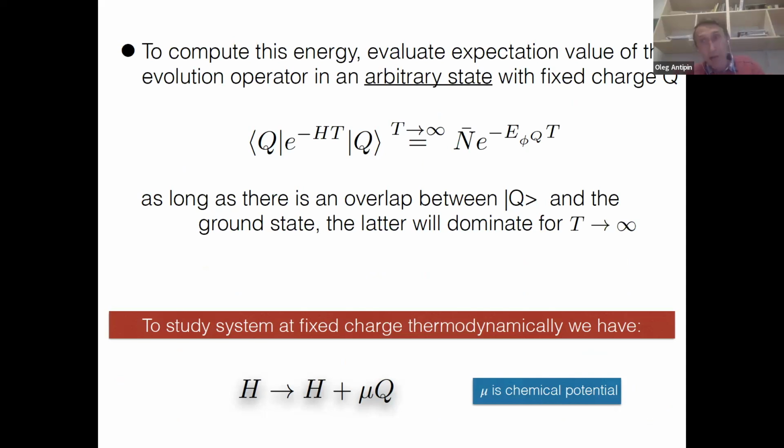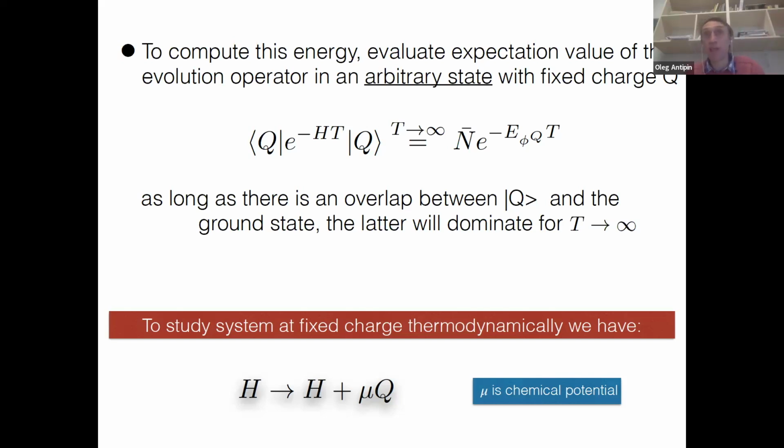This state can be arbitrary because you can show that if you take the t to infinity limit, with the separation between initial and final states very, very large, this matrix element will be given by this kind of form. And if t goes to infinity, you're projected to the ground state always. So as long as there is an overlap between the state you've chosen and the ground state, you are guaranteed in the t to infinity limit to select the ground state energy.